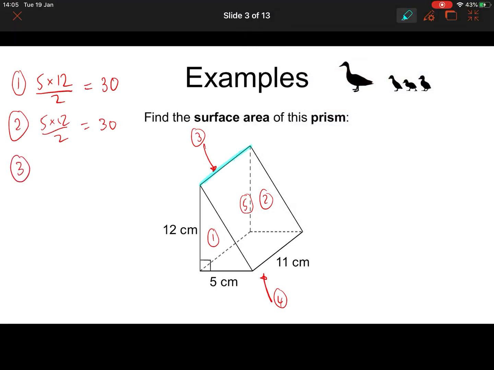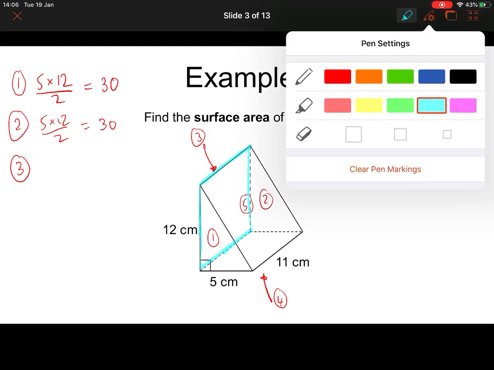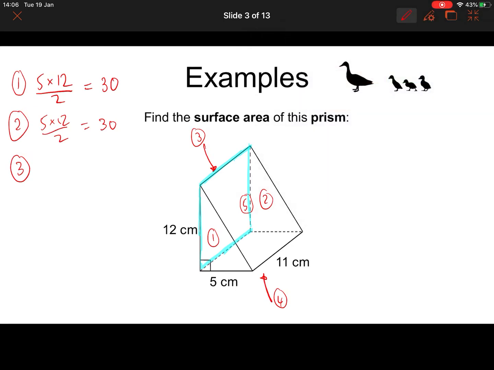Now, 3 is a rectangle. Let's just have a look at it. I'm talking about this rectangle here. Got to think 3D. Now, what is the base and what is the height of that rectangle? Hopefully it should be obvious that the height of it is 12 and the base of it is 11. So that's going to be 132 centimetres squared.